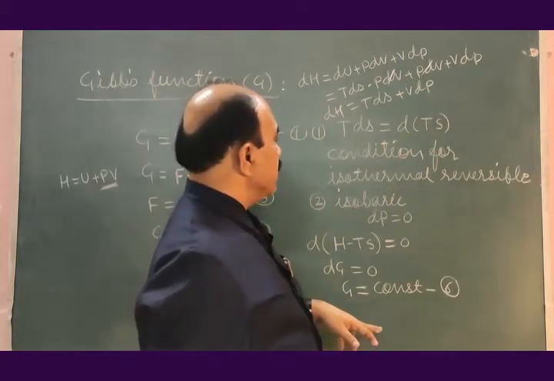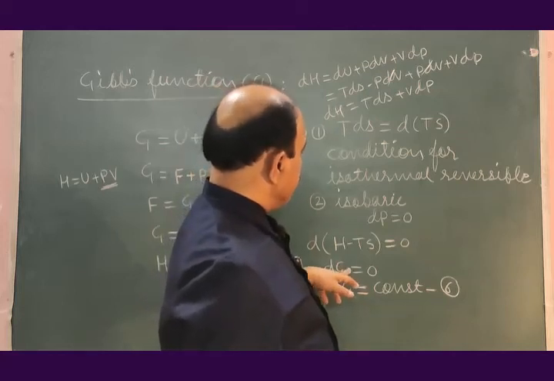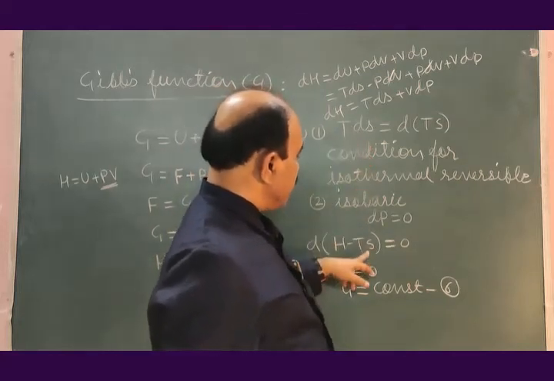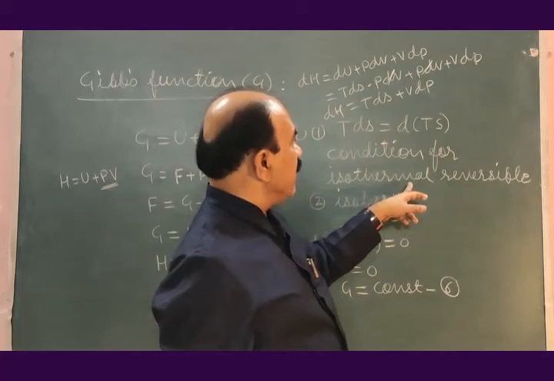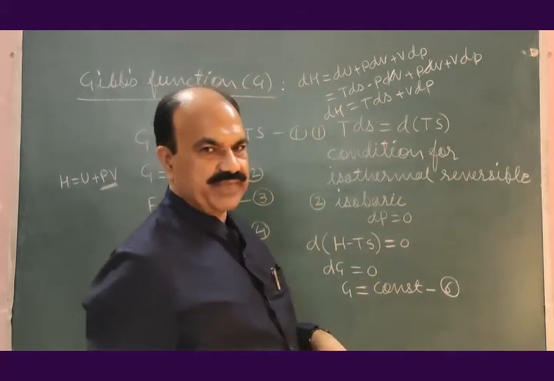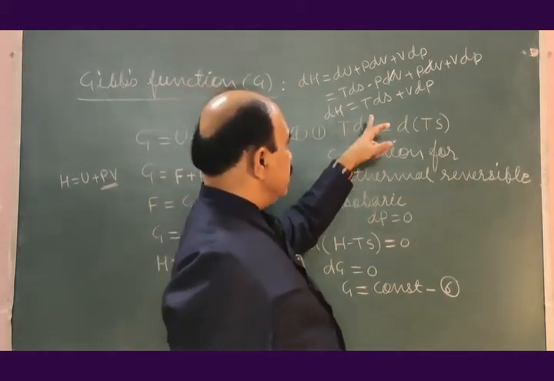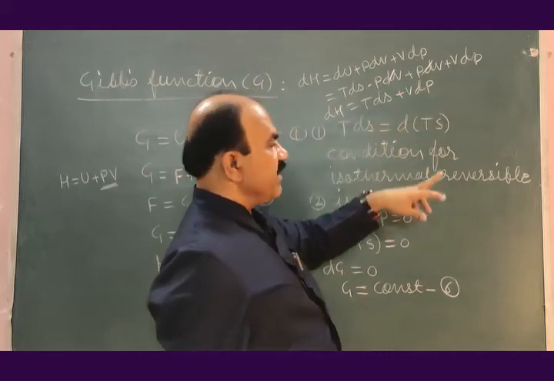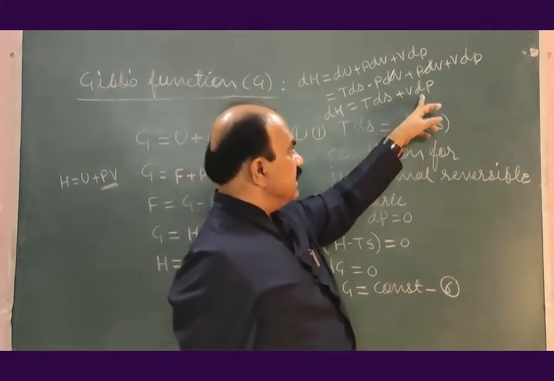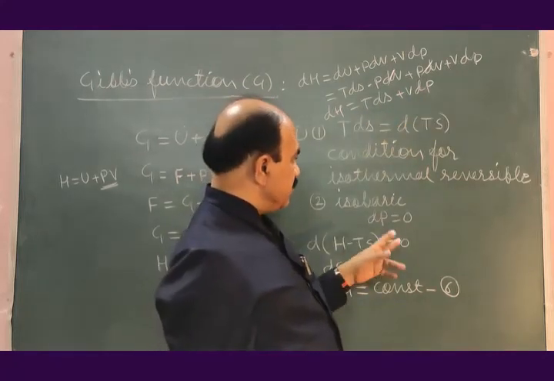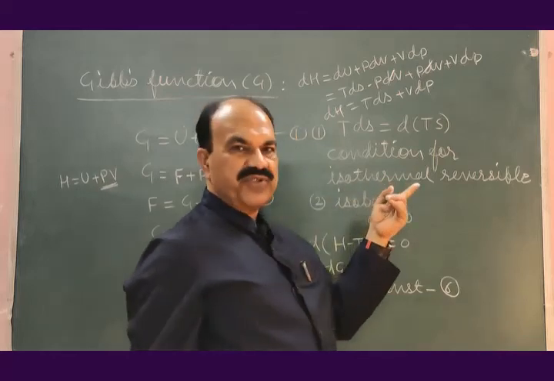Here in this equation, this Ts is already taken constant for isothermal process. So differentiation of this will become 0. dP is taken 0 for isobaric process.